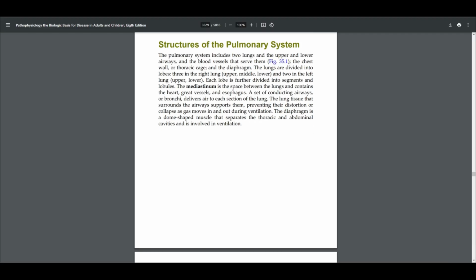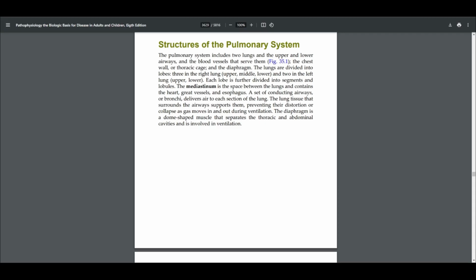So, what are the structures of the pulmonary system? The pulmonary system includes two lungs, the upper and the lower airway, and the blood vessels that serve them, the chest wall, a thoracic cage, and a diaphragm. The lungs are divided into lobes, three on the right and two on the left. Each lobe is further divided into segments and lobules. The mediastinum is the space between the lungs and contains the heart, the great vessels, and esophagus.